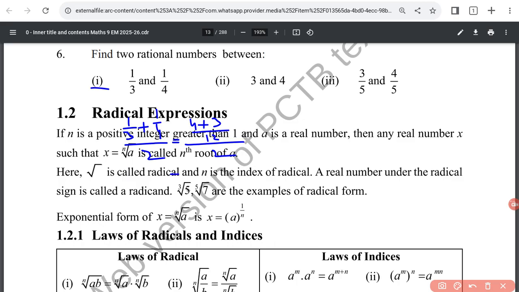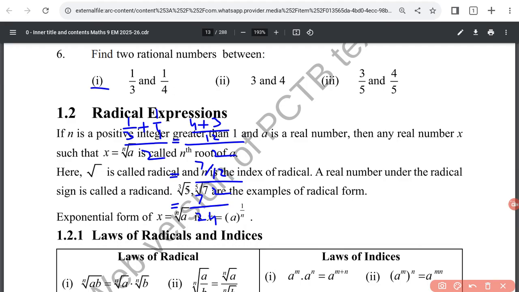Then it is equal to 7 over 12, over 2. Then it is equal to 7 over 24. So this is the first rational number between 1 over 3 and 1 over 4.